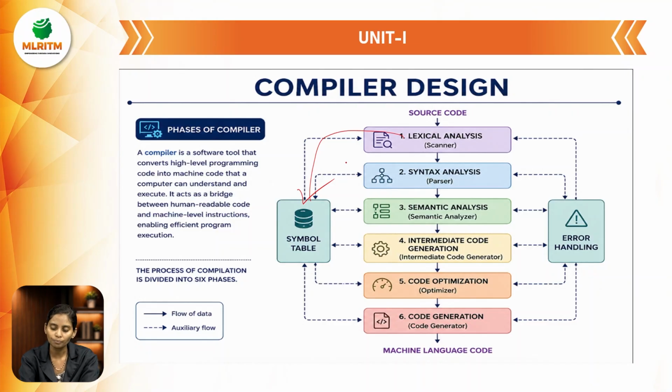First, by using the source code, the lexical analyzer will access all the tokens, and those tokens are stored here. Now in order to perform the compilation process, the symbol table should provide data to the lexical analyzer phase.